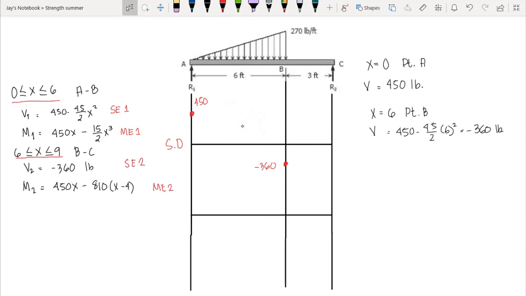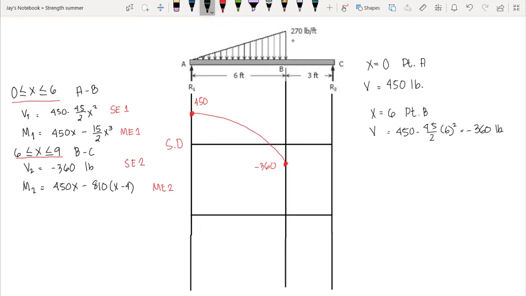But take note, with this kind of load that is increasing in magnitude, our shear diagram is frowning. If our load is acting downward and at the same time increasing in magnitude, we have a second degree diagram that is frowning.